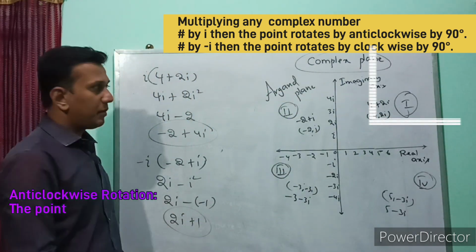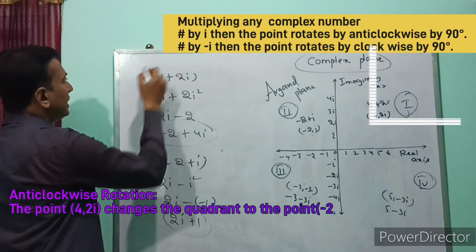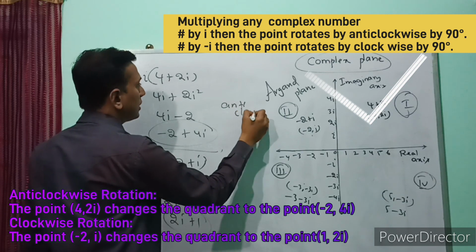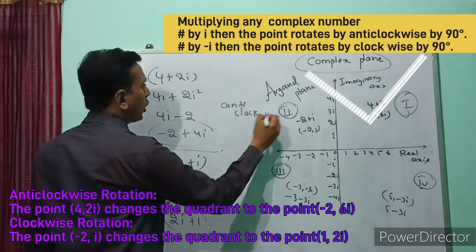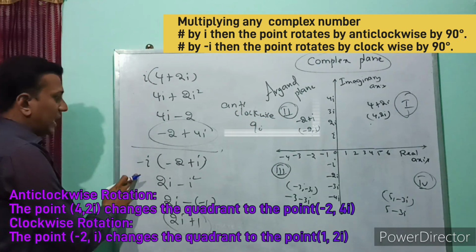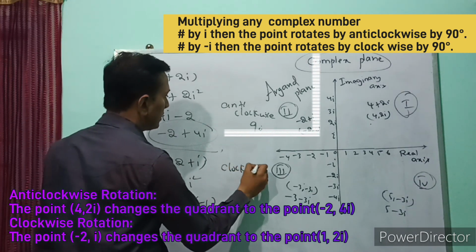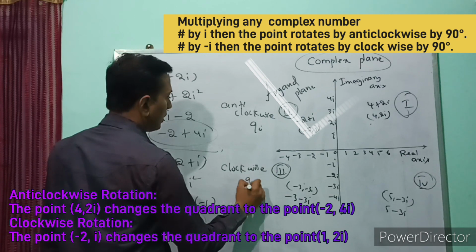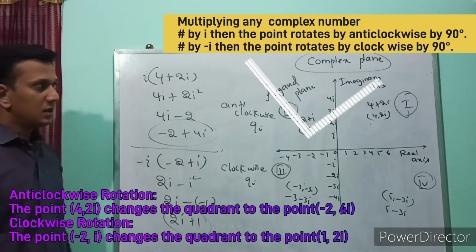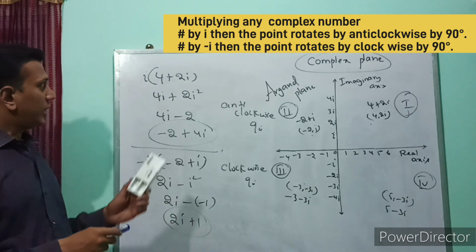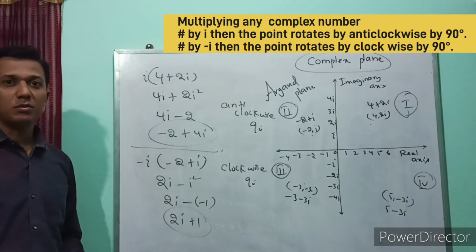Quite the opposite phenomenon. When I multiply with i, it changes anti-clockwise by 90 degrees, but when I multiply with minus i, it changes clockwise by 90 degrees. So that is the shifting of this point that occurs when you multiply with another imaginary number.